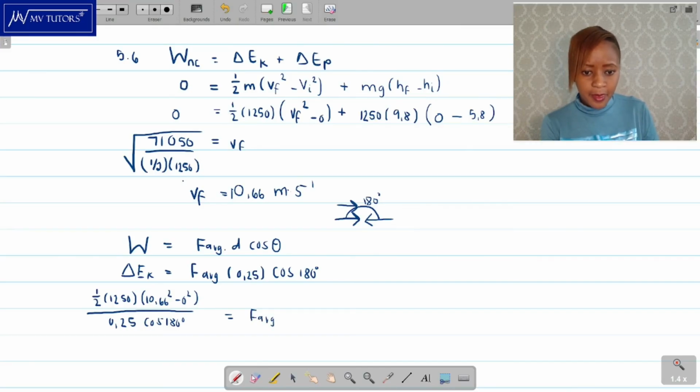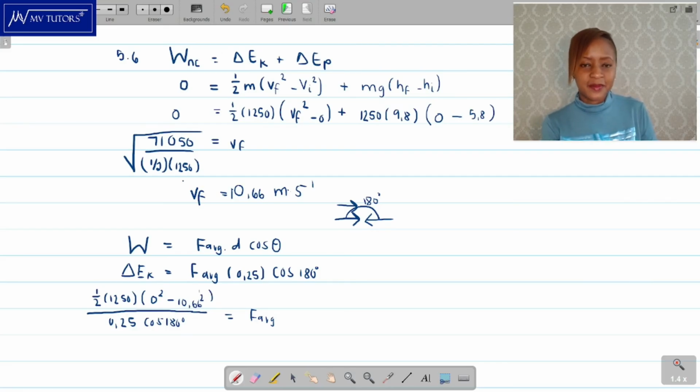Actually, the final velocity is 0 because it's going to come to a standstill. So the initial then would have to be 10,66 squared.